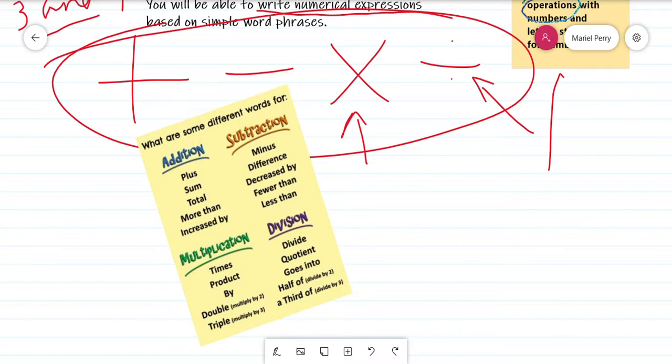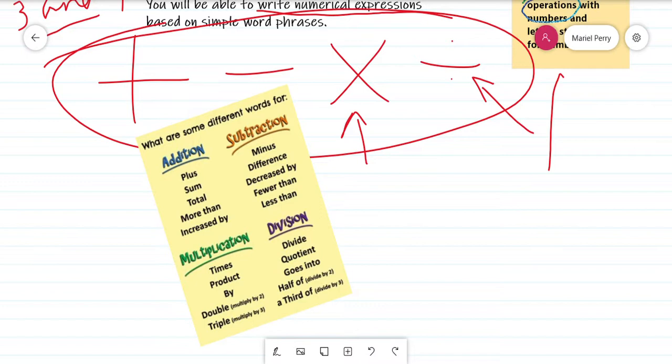We want to deal with numbers and symbols. So these words that we are familiar with, we categorized them for you. A lot of addition words focus on plus, sum, total, more than, or increased by. Subtraction words are ones we must get familiar with, and hopefully you're writing this down.